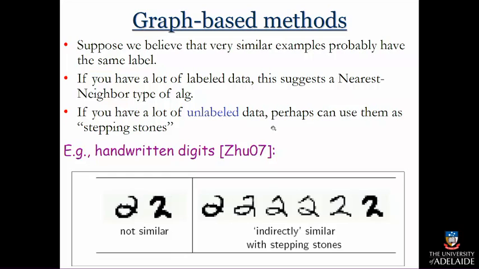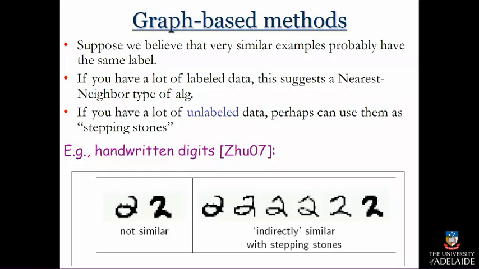So the idea is that probably we can use them as stepping stones. Just to give you an example, for these handwritten digits, let's say we have only two samples. These two samples do not look very similar. But what if in between these two, we have another 4 training examples?